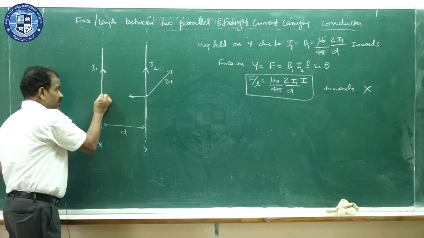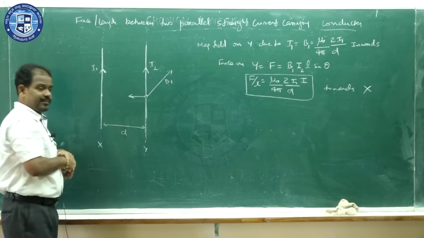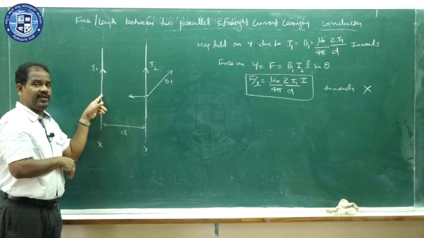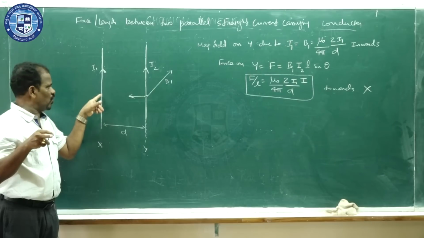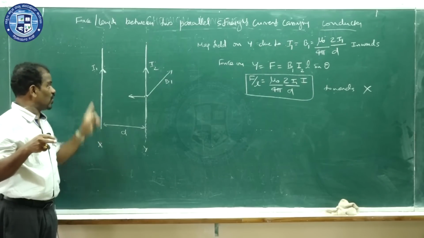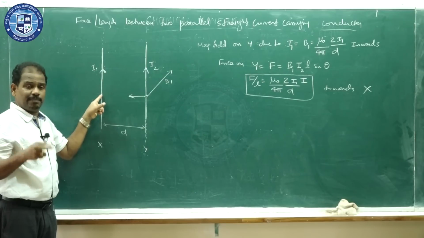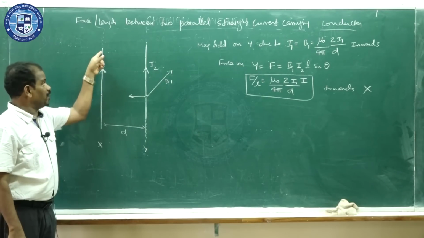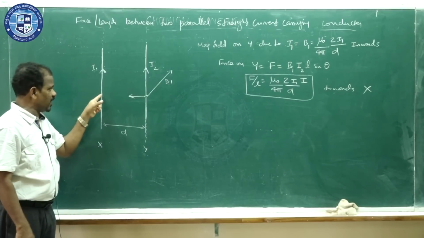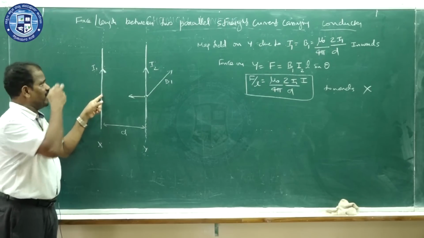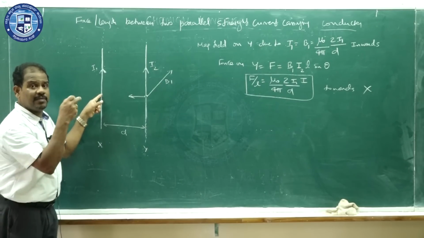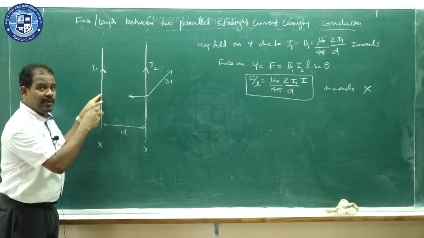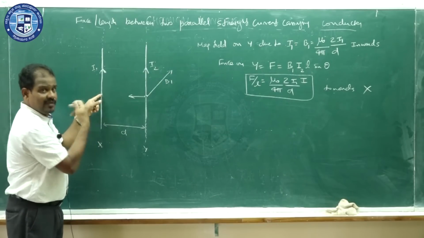On the conductor, listen carefully, there is no magnetic field due to I1. But there is a magnetic field due to I2, because for I2 this is surrounding.